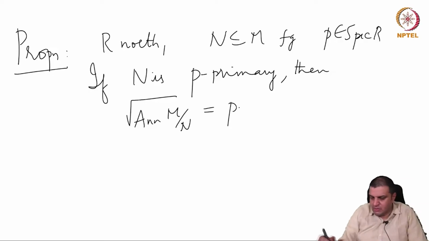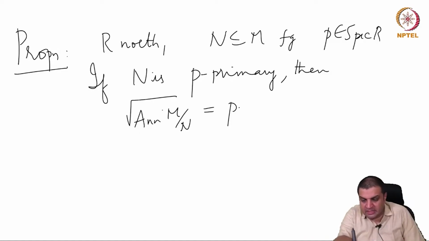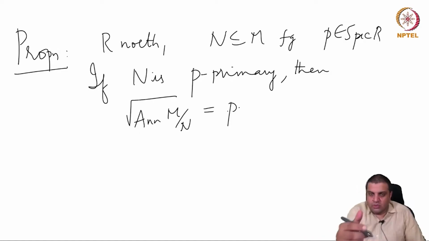Now, it's not true that any ideal with radical P is P-primary. So what does it say for ideals?